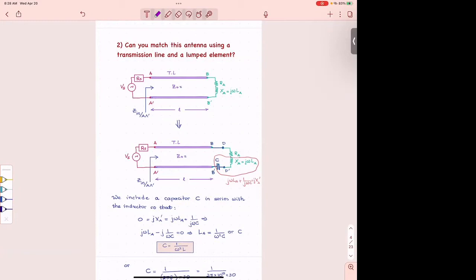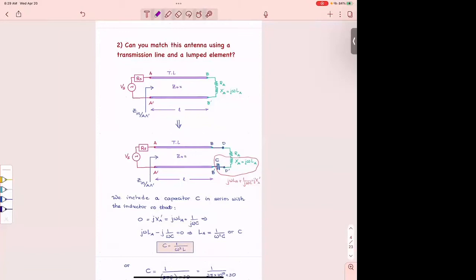The total load now, if I enter this lumped element at BB prime, is going to be the series combination of these 3 elements, R, L, and C. And then the reactive part of this load is going to take this form. Do you agree? Yes? Okay. So now I can choose C, so I make that 0.